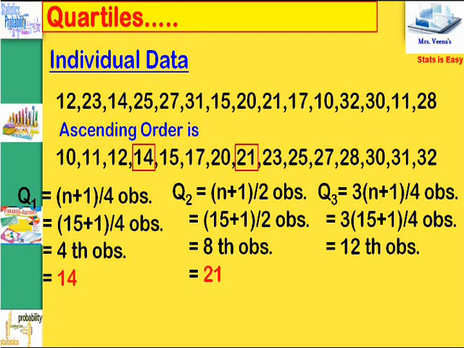Q3 is equal to 3 times (n plus 1) divided by 4 th observation, which is 3 into 16 divided by 4 is 12. So the 12th observation in ascending order is Q3, which is 28.